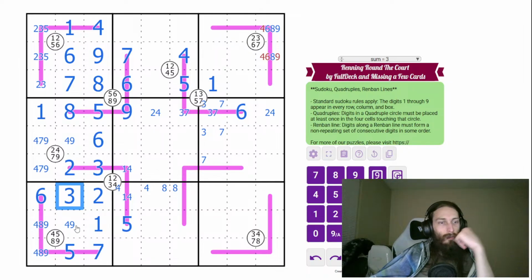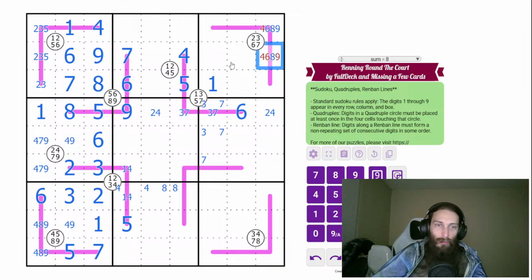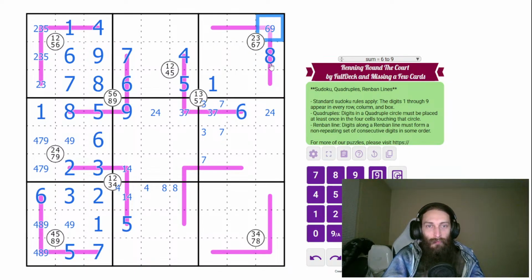Yeah, I think that's forced enough. Apparently we've got 4, 6, and 9 here, which forces an 8.